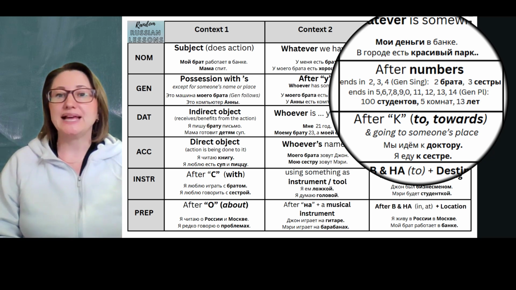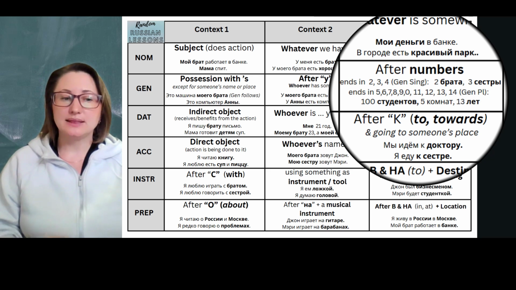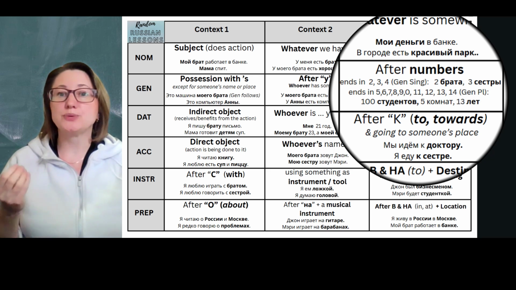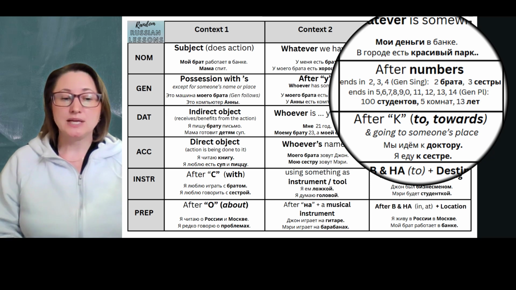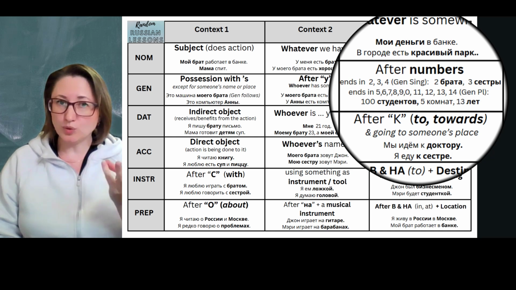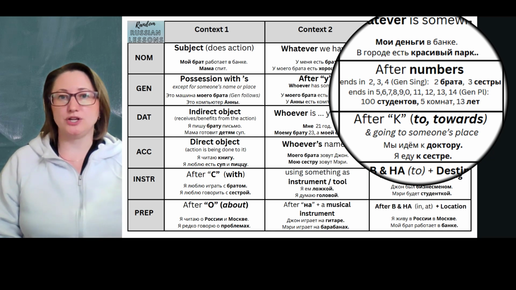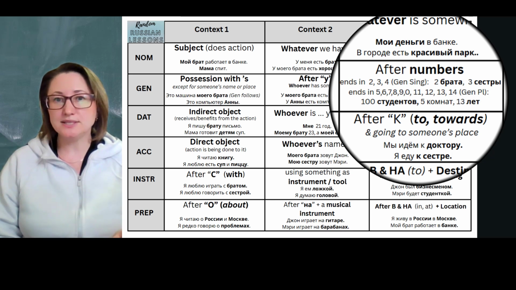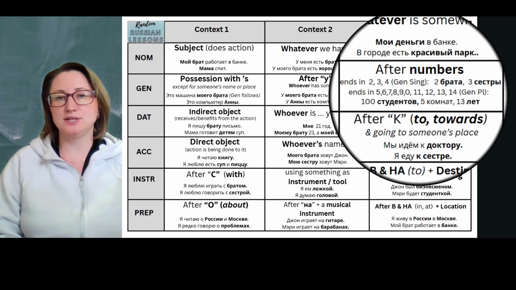Here I have an example, 100 students. And 100 ends in a 0, which means it requires genitive plural. Now, if I have 1 student, once again, it will be nominative. 2, 3, 4 students, it's going to be genitive singular. 22, 33, 44, 73, 84, 92, it's still going to be genitive singular.